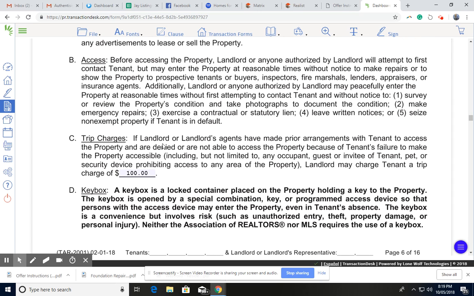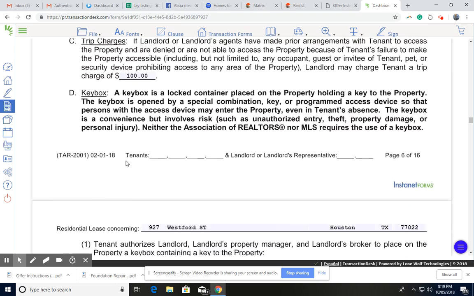Trip charge. So if the landlord has to go out there for any reason, like there is a pet that got loose or a complaint or something, it's a $100 trip charge. Or if they lost keys and they have to replace those keys, it's a $100 trip charge.